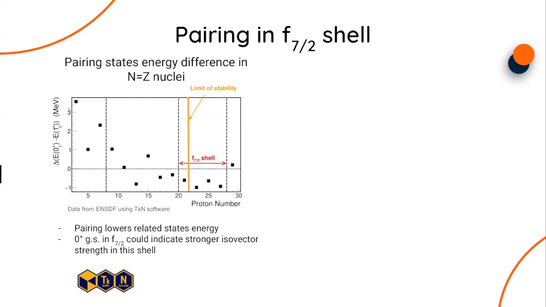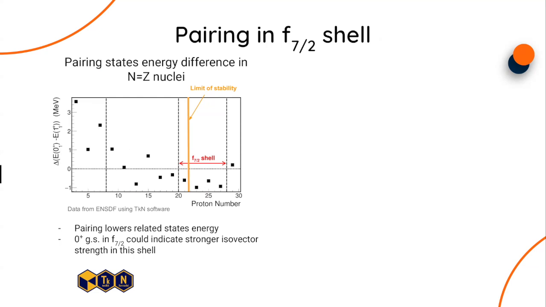You can see that systematically for low-mass nuclei, the 1+ is below in energy, which means it's more bound. And as we progress to the f7/2 shell, the lowest state is systematically the isovector one. So there is already an interesting change of trend. At the beginning, for low-mass nuclei, the isoscalar state is more bound, so there is more isoscalar strength. But as we reach the f7/2 shell, the isovector one seems to become stronger again.